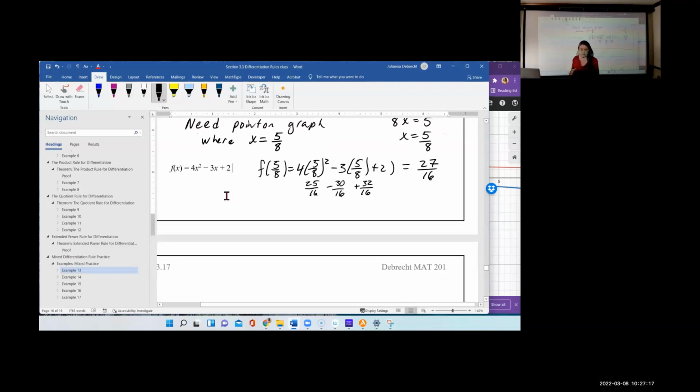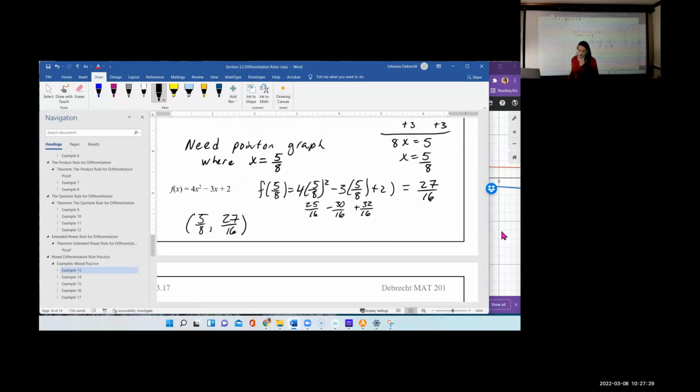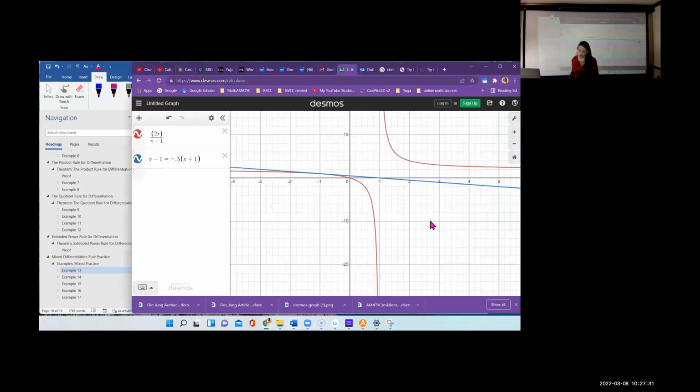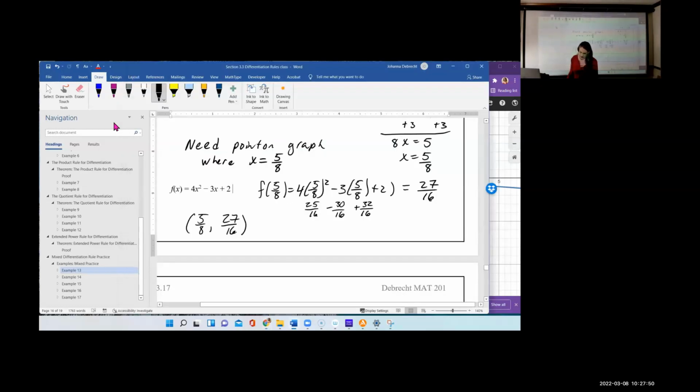All right. So now we have our ordered pair, which is going to be (5/8, 27/16). So we can take the equation 4x squared minus 3x plus 2. And our equation was y minus 27/16, was it 27/16?